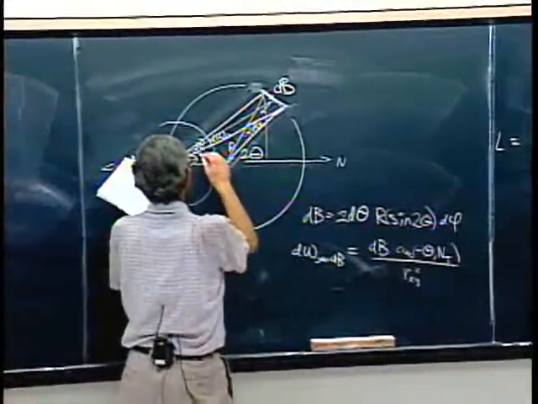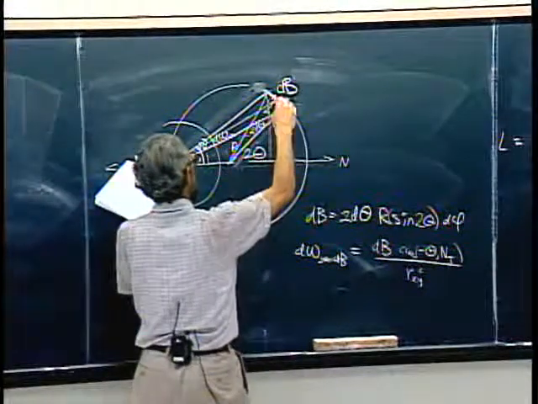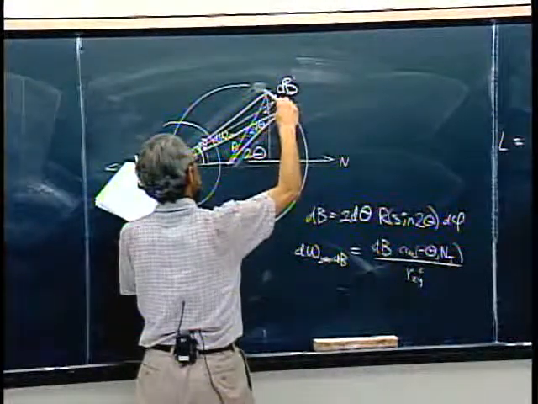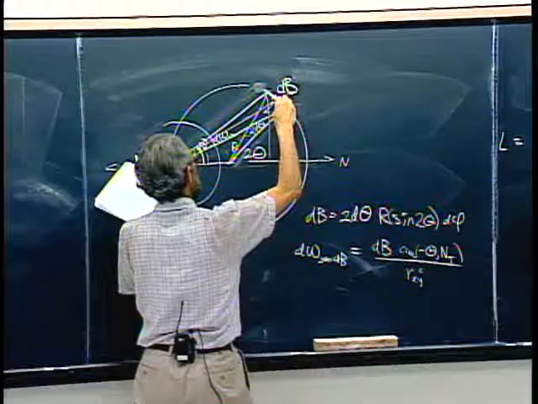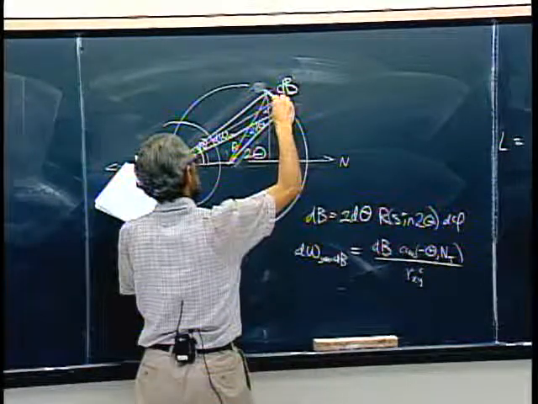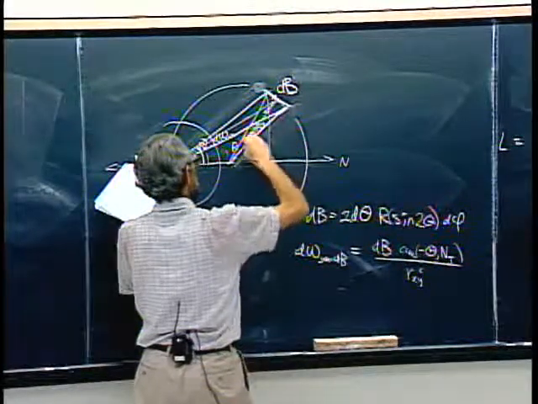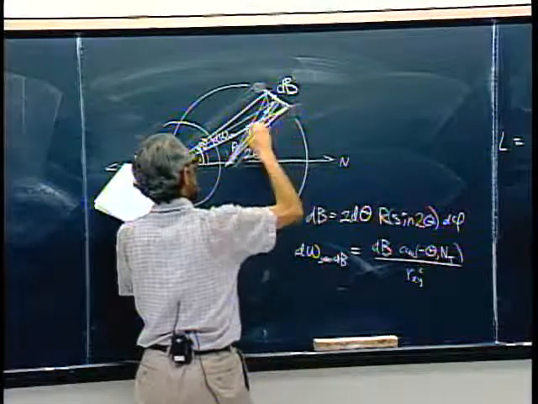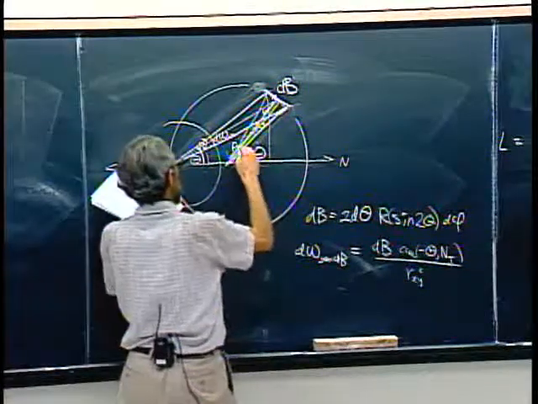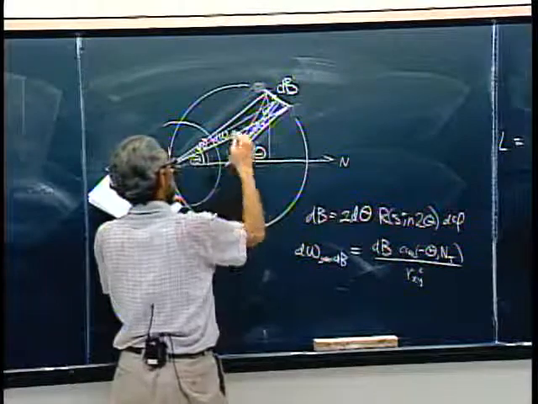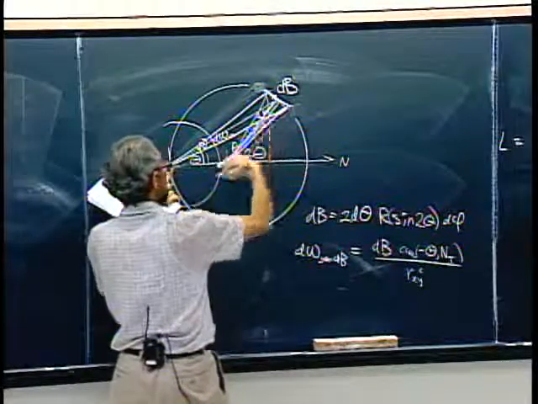So I guess the angle between the normal and the direction here is the same as the normal and the direction here, because these two cosines are the same.